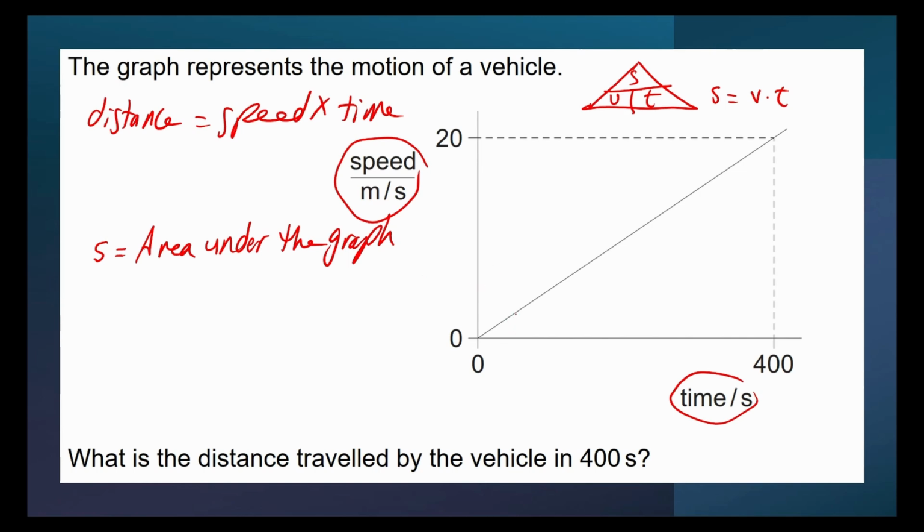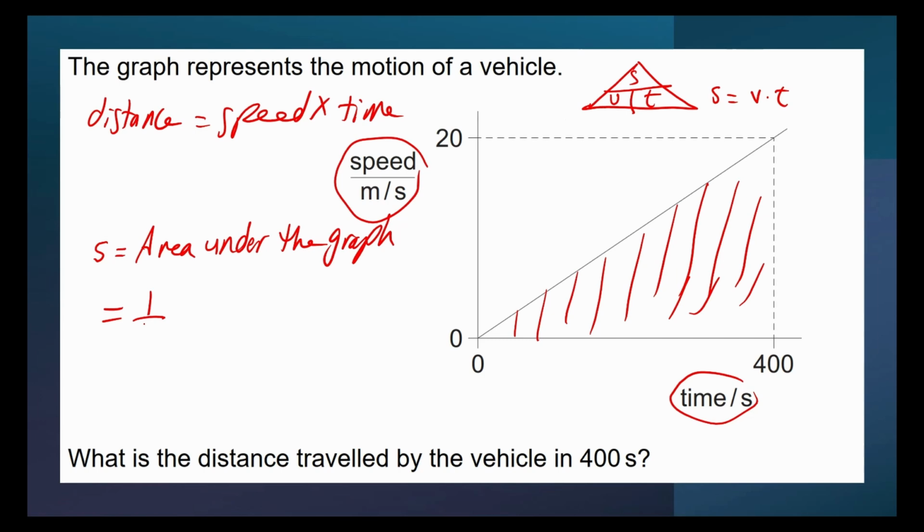What is the area under the graph? It is this shape. This is a triangle here. What is the area of the triangle? It equals half base times height. So it equals half times 400, this is the base 400, times the height, which is 20.